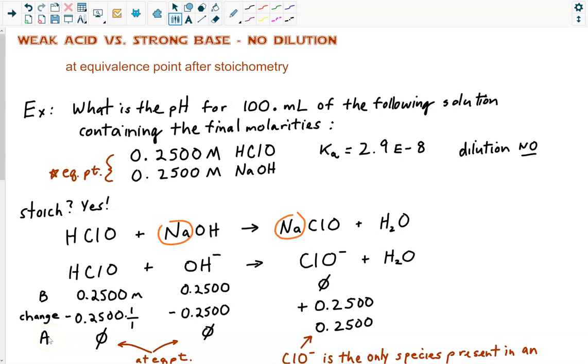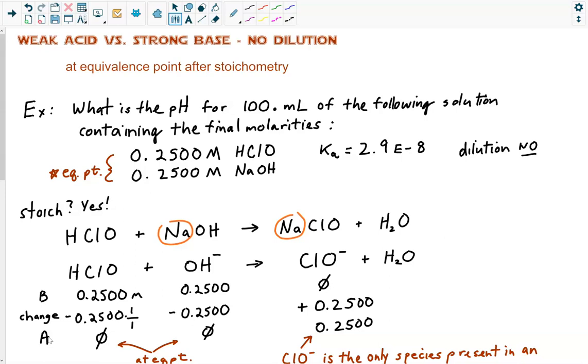Okay, third scenario. Weak acid versus strong base, but it's one where in the wording of the problem you realize that there's no dilution. So you're thinking there is a reaction between an acid and a base, so there's going to be stoichiometry.